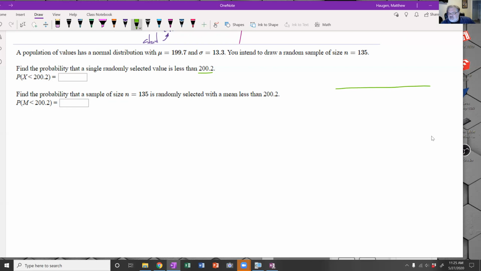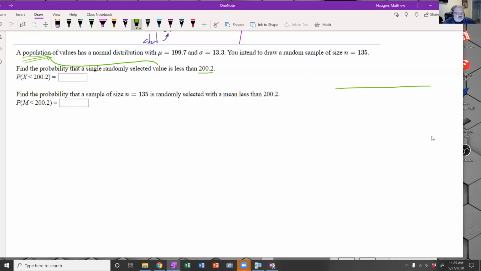So it's asking about a specific value, right? Where do values live? Do values live in our population, or do values live in our sample of size 135? They're not asking about a sample size of 135 yielding an average of 200. They're asking for an individual value from the population.